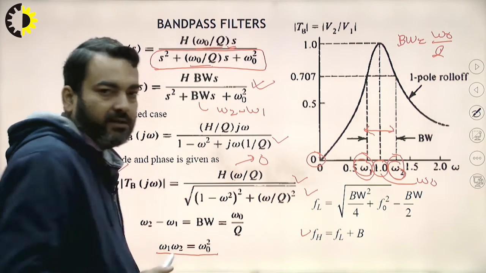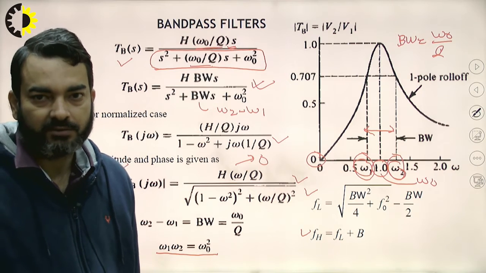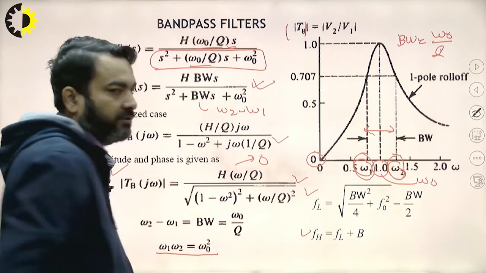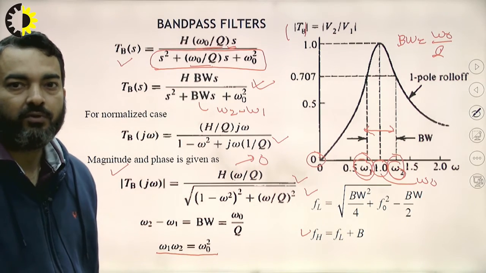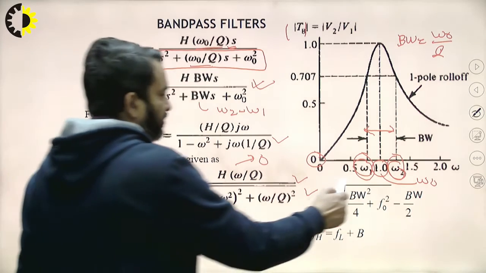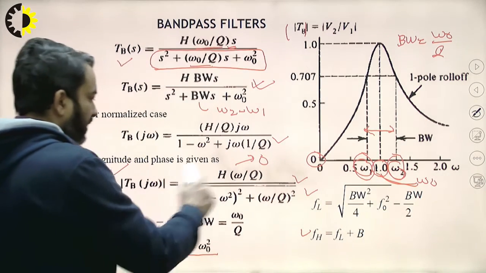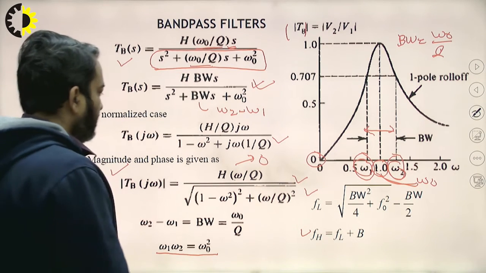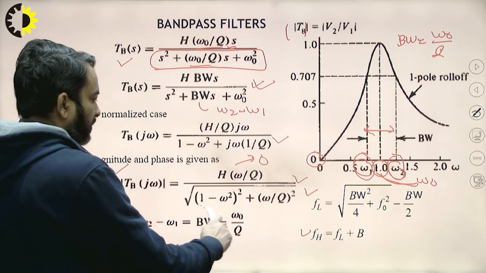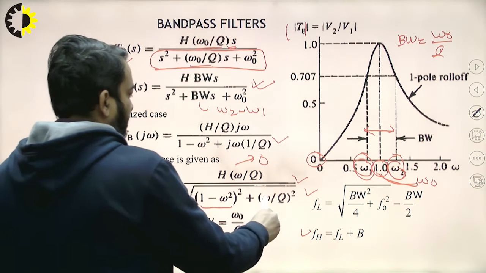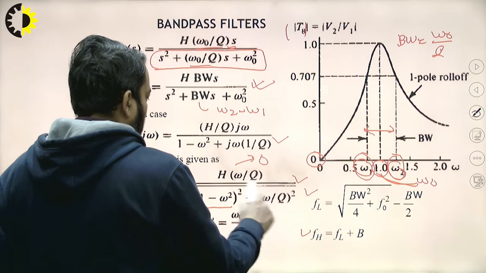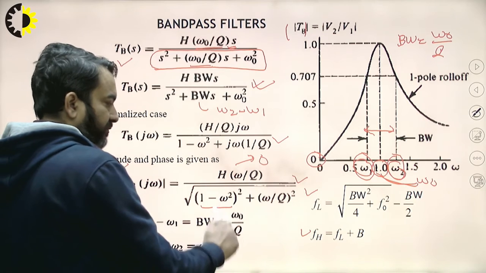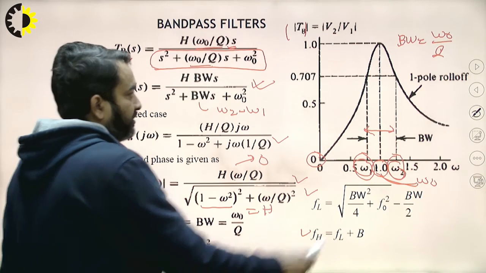By putting omega is equal to infinite and following the rules of limit, we again get transfer function gain as 0. At omega is equal to omega naught, since the transfer function is normalized, we will put omega is equal to 1. So if omega is equal to 1, this term will be cancelled. This will be 1 by Q, and if we take 1 by Q in numerator, Q will be cancelled with Q, and we will get gain as H, the highest gain.